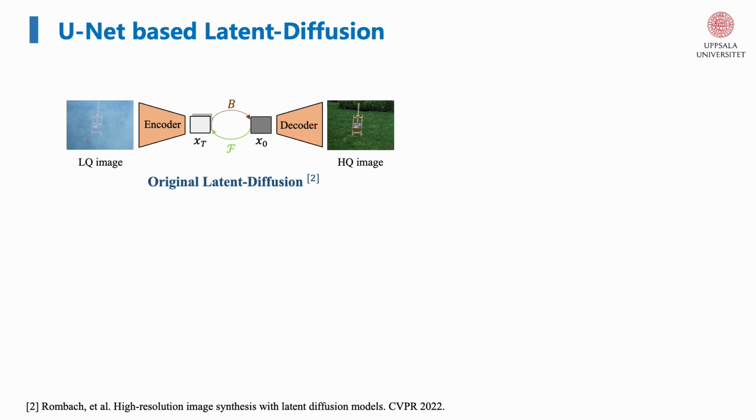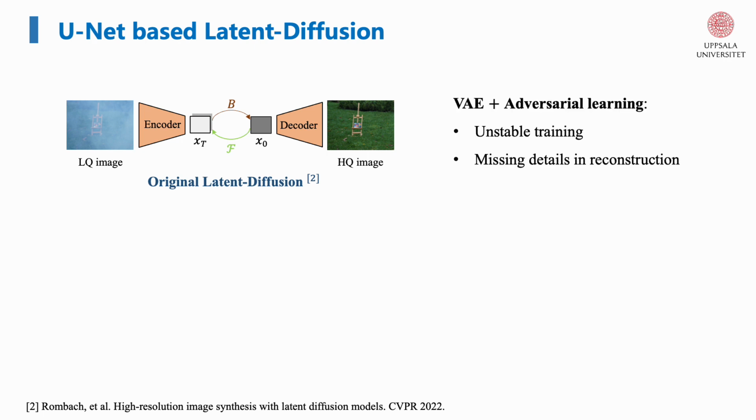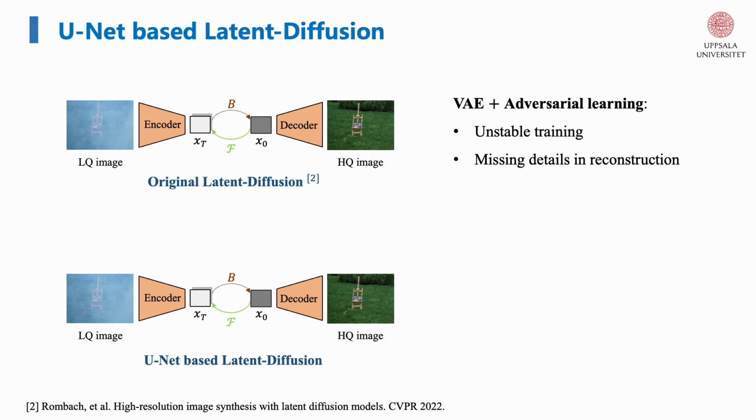Iteratively running a diffusion model is notoriously time-consuming. Latent diffusion compresses images and performs diffusion in the latent space, but it requires a VAE with GAN training, which is unstable and would miss details in the reconstruction. In this work, we propose a unit-based latent diffusion, which has hidden connections from encoder to decoder and uses a latent replacing learning strategy.